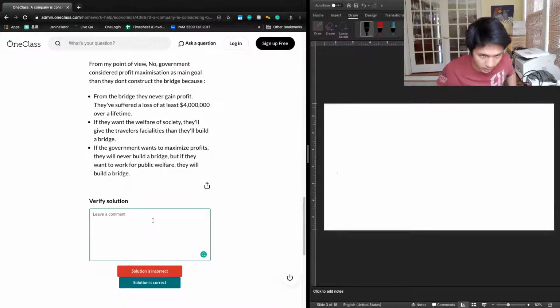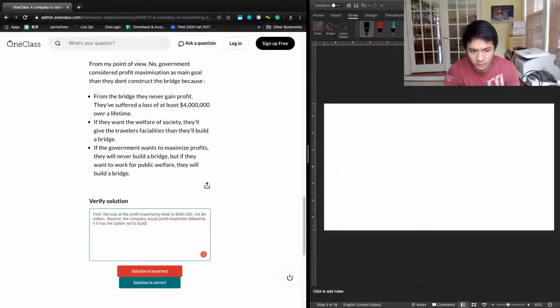So I want to clarify a couple things. First, the loss at the profit maximizing level is 400,000, not 4 million. Second, the company would profit maximize differently if it has the option not to build the bridge, given that all price levels result in negative profits.